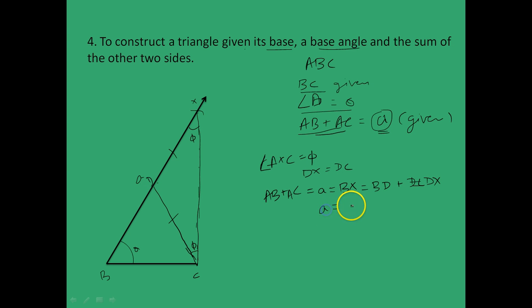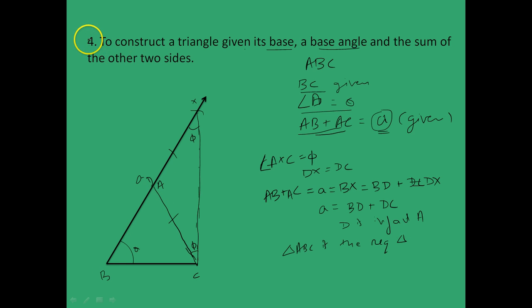So A is equal to BD plus DC, and so therefore we can conclude that D is in fact the required third vertex. So we can also call this point A, and so therefore triangle ABC is the required triangle.